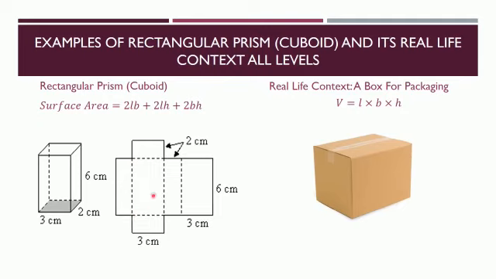So you have these 2 parts. 2 times the length times the height, that is this part and this part. We have the length and the height. 2 times the breadth times the height. This is the breadth and this is the height, and therefore the faces are this face and that face. And when you fold them together, they will give rise to this box.